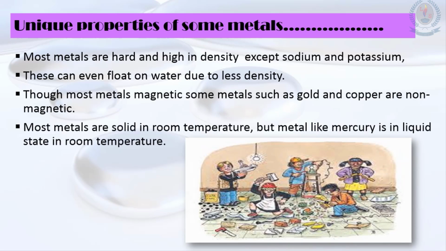So, most metals are solid at room temperature, but a metal like mercury is in a liquid state at room temperature. What is mercury, Pute? Where can we see mercury? If you have seen a thermometer in your laboratory, the thermometer is using a metal called mercury. It is in a liquid state, not a solid thing, right? So those are the unique properties of some metals.